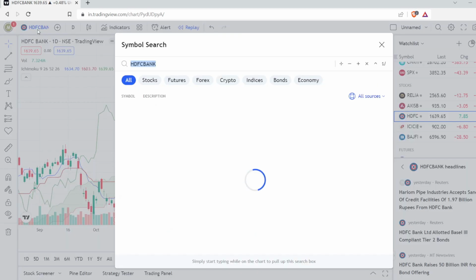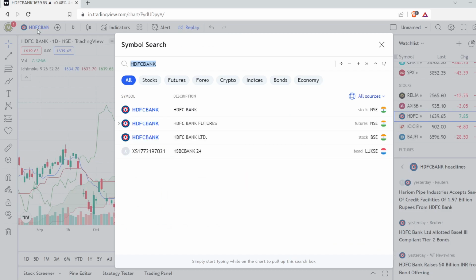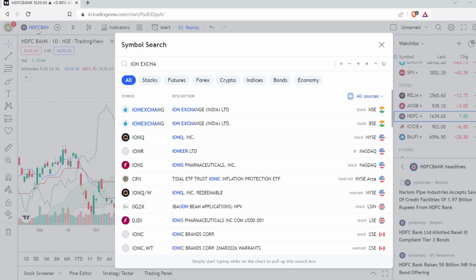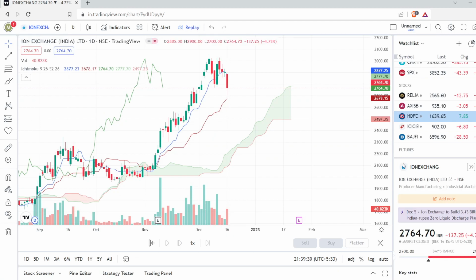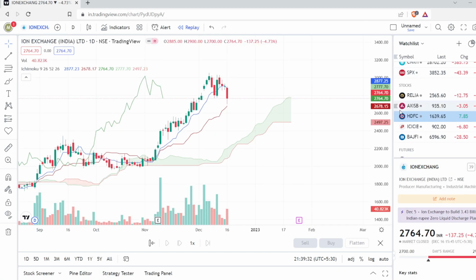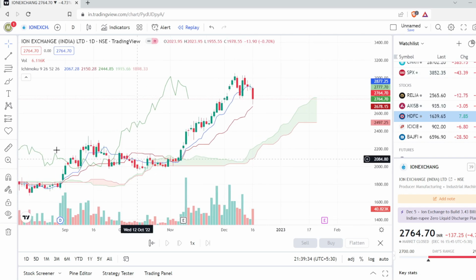The next trade that I would like to show you here would be Ion Exchange. Ion Exchange would be a good trade, and Ion Exchange, as you can see, is trading at a massive price, 2764.